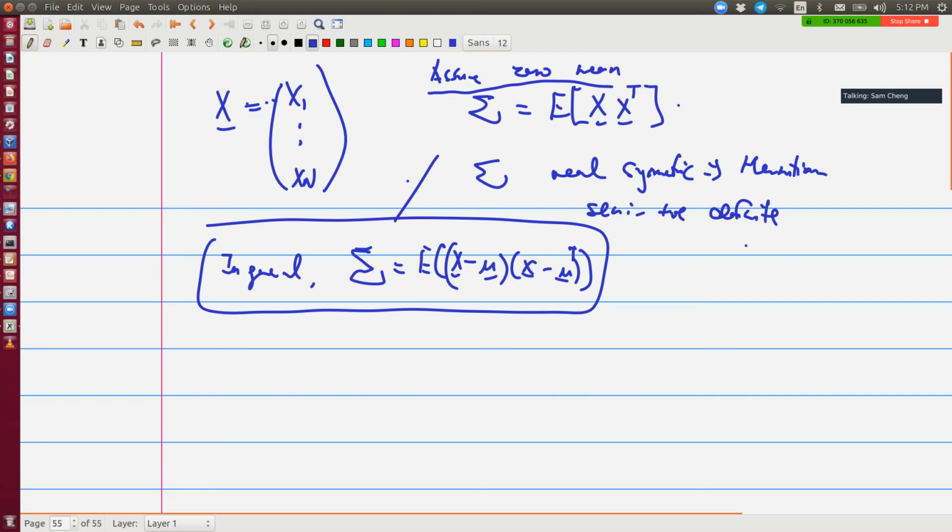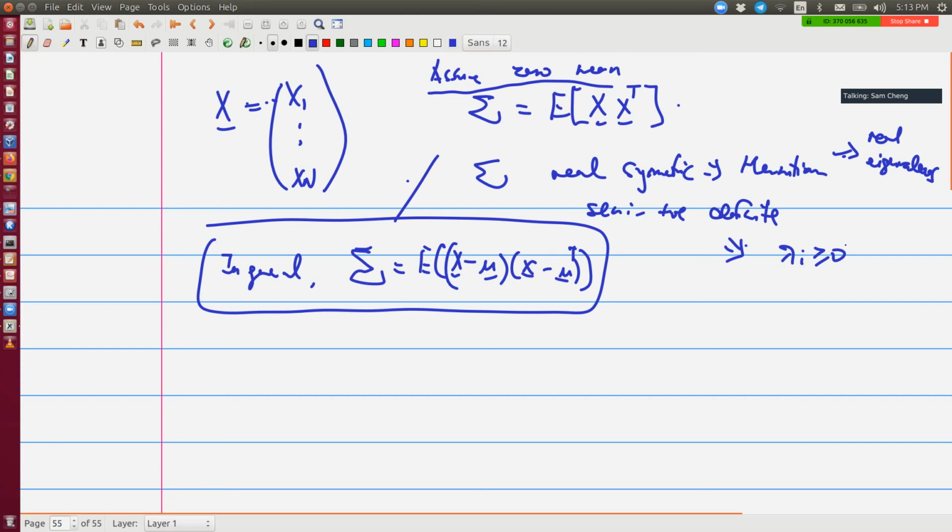So from real symmetric and Hermitian, we know that sigma should have real eigenvalues. And from semi-positive definiteness, all eigenvalues should be bigger than or equal to 0.